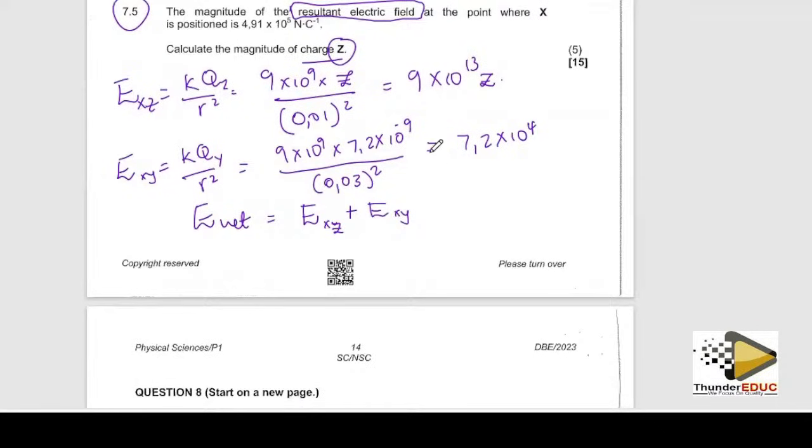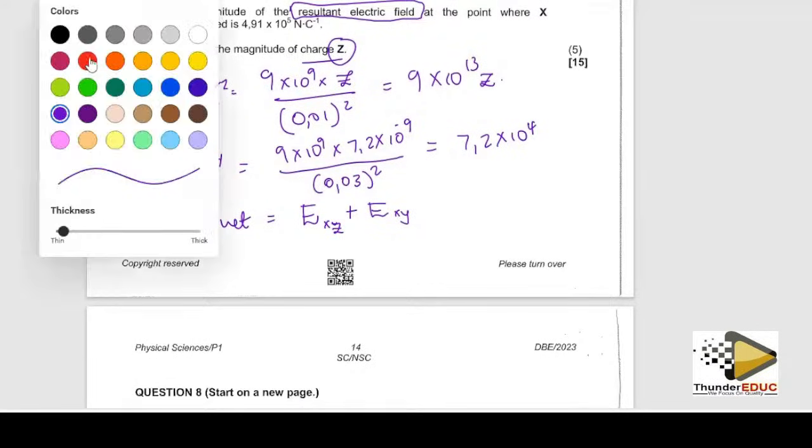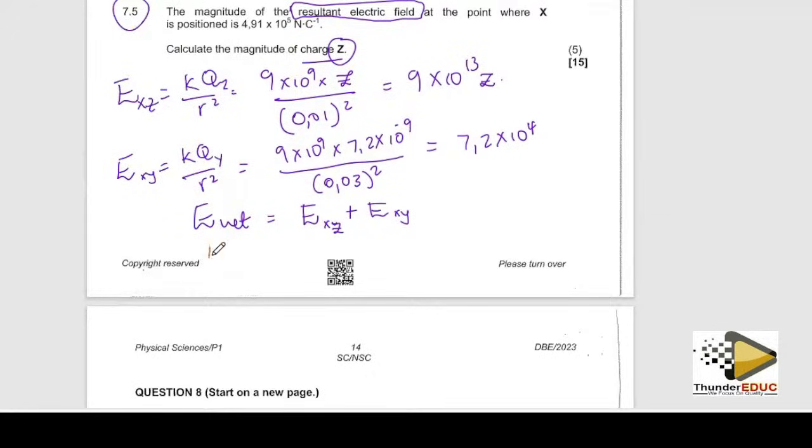Let me try to do my substitution into the formula so that I can see what I get. They gave us the net as 4.91 times 10 to the 5. EXZ is 9 times 10 to the 13 Z plus, this is going to be negative 7.2 times 10 to the 4 for XY. All right, then I'm going to move that to that side.